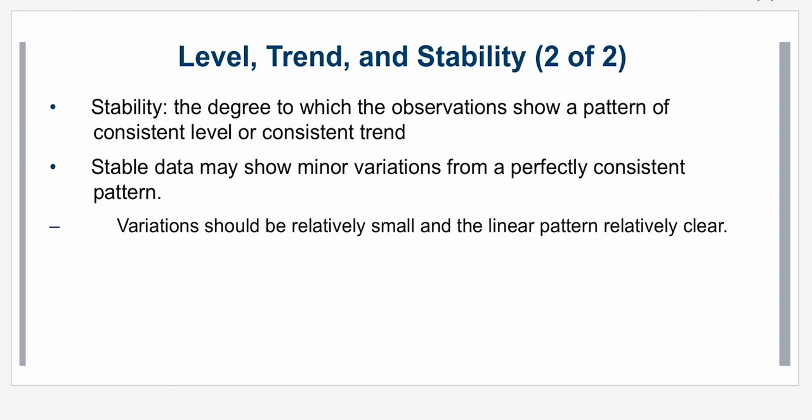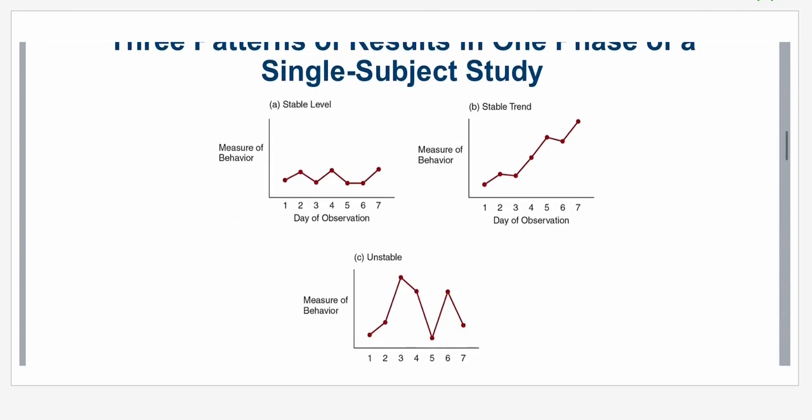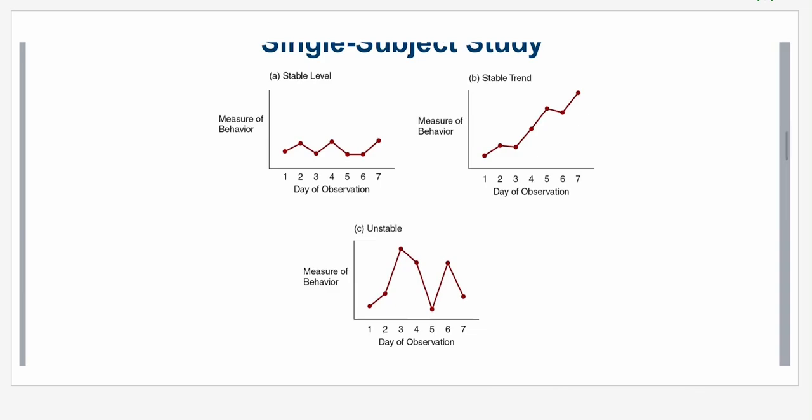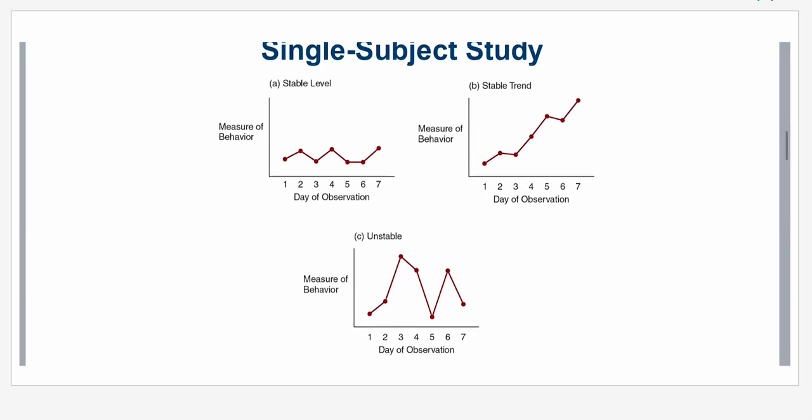Yes, there's going to be variations, but we want them to be minor, so that overall it is a pretty consistent pattern. Again, variation should be relatively small and a linear pattern relatively clear. As you can see from graph C, the unstable graph down here, there's no line there, right? That is all over the place. There is not a consistent pattern there.